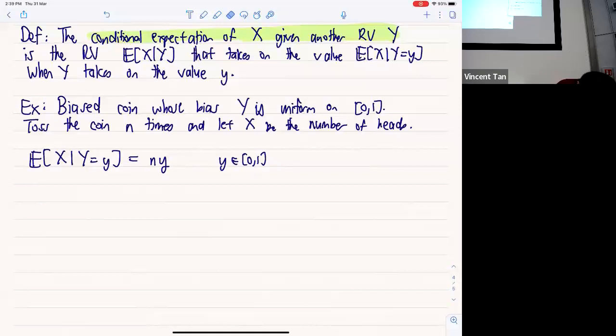Now, this is conditional expectation given an event, Y equals little y.